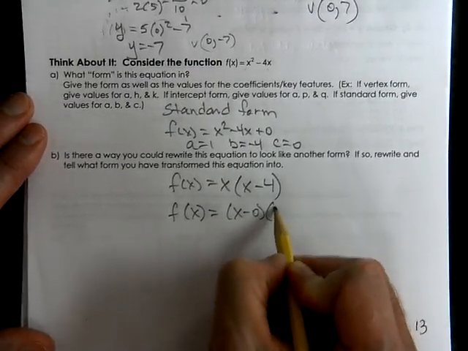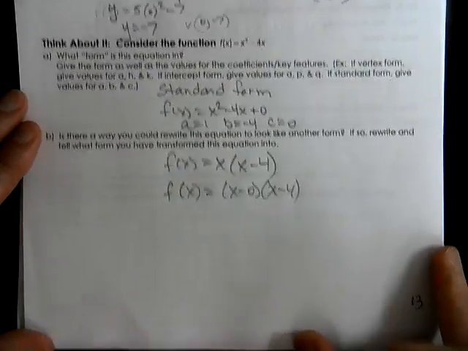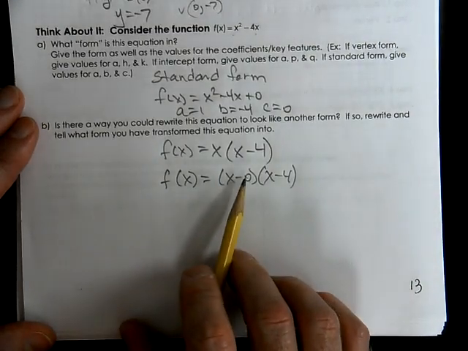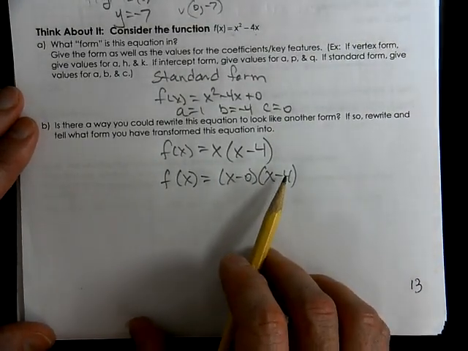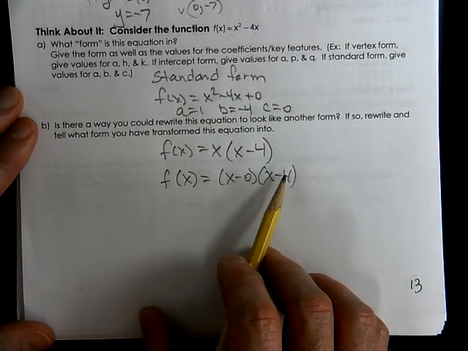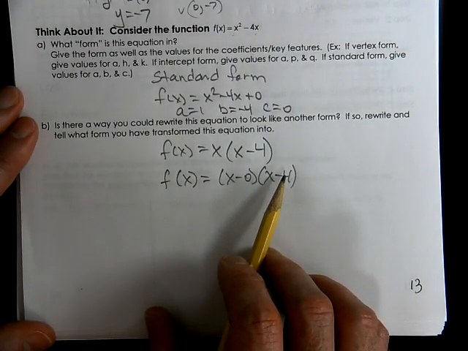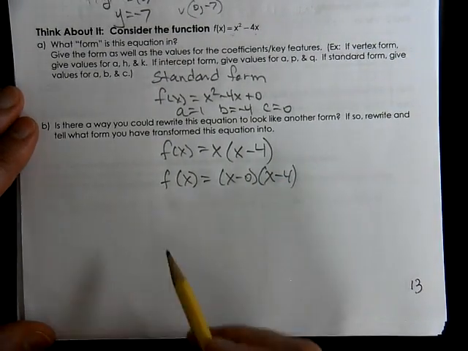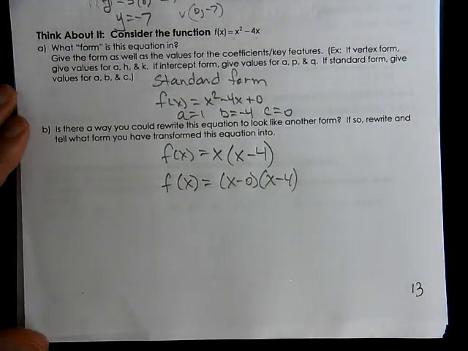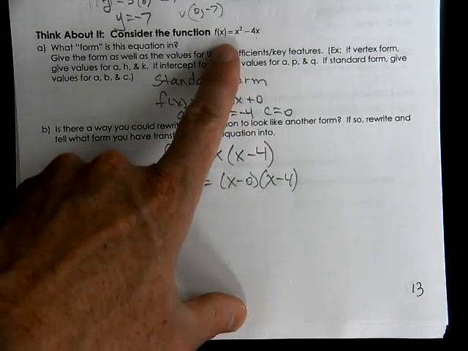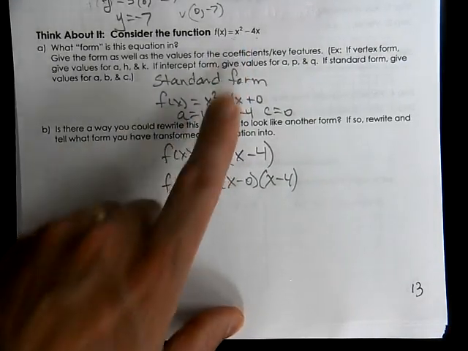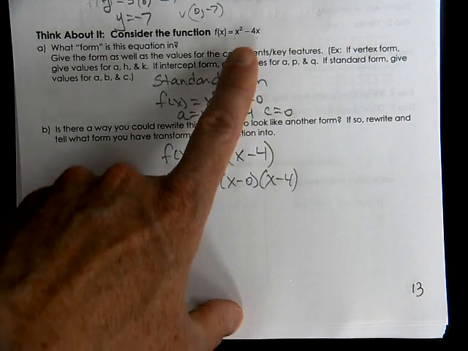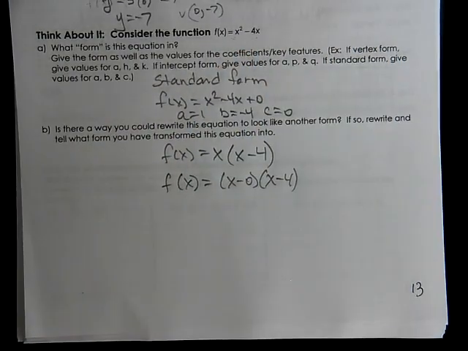If you like to think about it as a 0, then you're totally confident that it has an x-intercept of 0 and an x-intercept of 4. And that's how we did that. So those are supposed to be easier formats. But a lot of times people get confused. So stay focused on what you know.